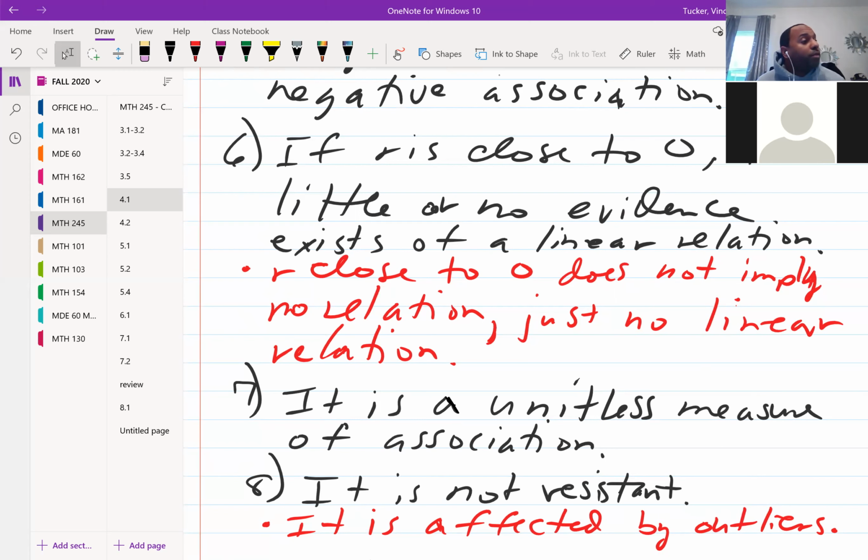So that's why it is affected by your outliers. All right, any questions before we scroll up? Make sure we're all right.